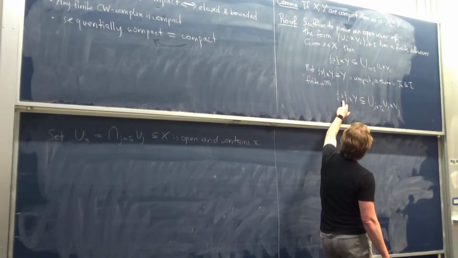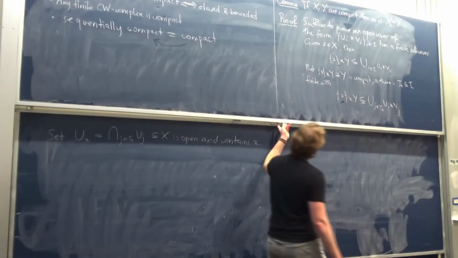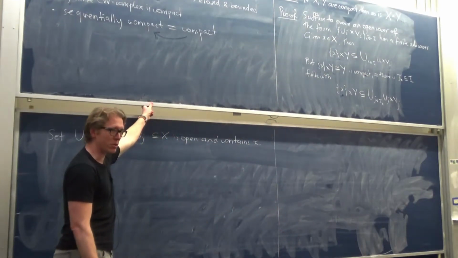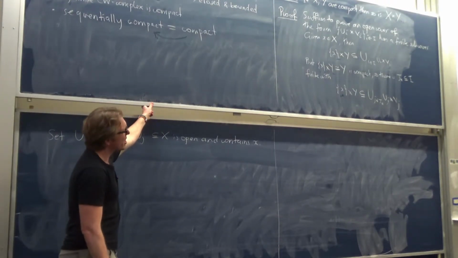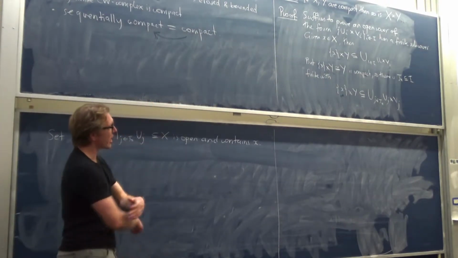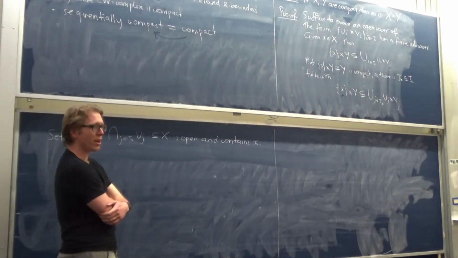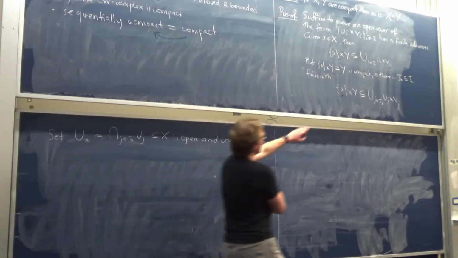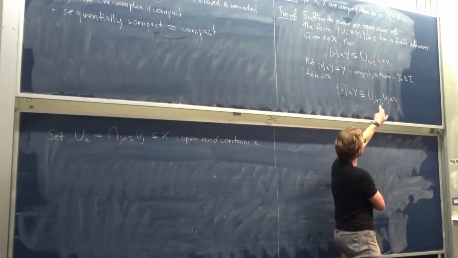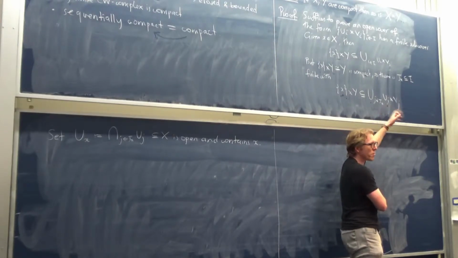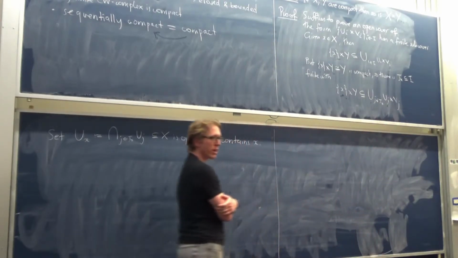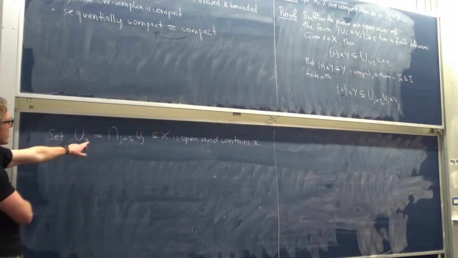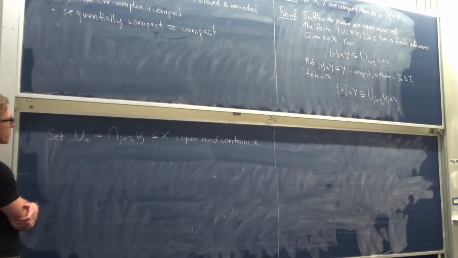Well, that inclusion doesn't say that x is in every Uj, it just has to be in some Uj, right? But if there's a j in Jx for which x is not contained in Uj, well, then you didn't need it, right? Because then the left-hand side would have been contained in the union without that j. So we may as well assume that x is in every Uj, throw out the ones for which it's not true. Okay, so that means that x is contained in the intersection of all the Uj's.